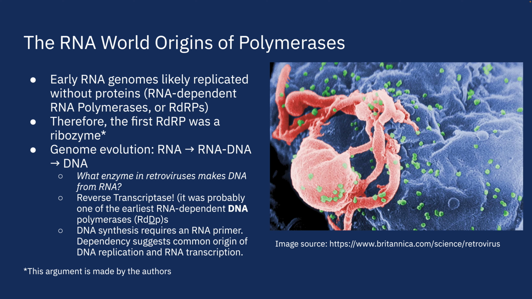It is an RNA-dependent RNA polymerase. And there's a lot of connections to why RNA might be the center of this world at the time. DNA, in order to be replicated, needs an RNA primer, right? This dependency suggests that DNA couldn't have arisen without RNA first, right? So it seems to be, it went from RNA to RNA-DNA to DNA.